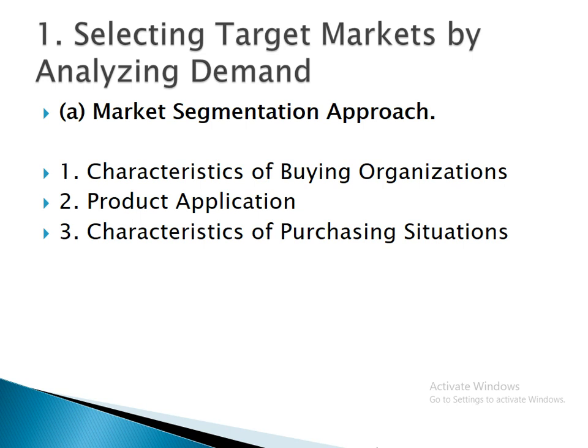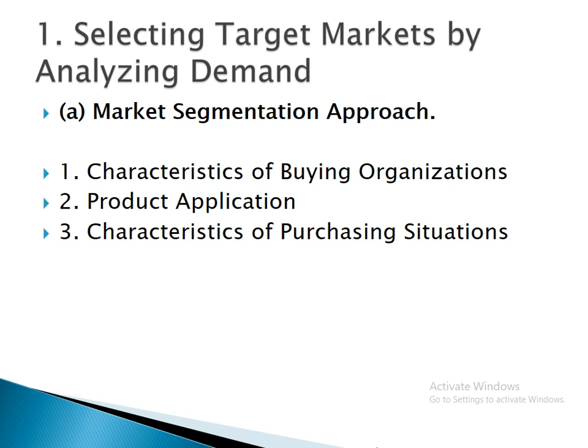The major basis of the segments of industrial markets can be characterized by the characteristics of the buying organization, like the size or scale of operations of the organization. So large-scale organizations, small-scale SMEs, and all. What are their geographic locations, their usage rate, and their structure of procurement?